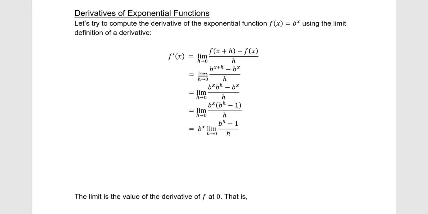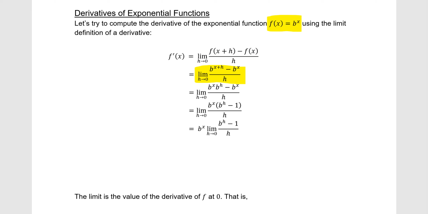So if we try to do this using the limit definition of the derivative, and we were taking the derivative of b to the x, here's the limit definition of the derivative. What we would do is plug in f of x plus h minus f of x all over h. That would give us this second line right here, b to the x plus h minus b to the x all over h. So it gets a little bit tricky.